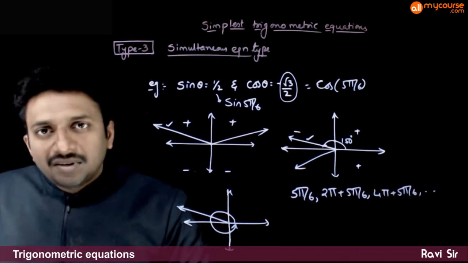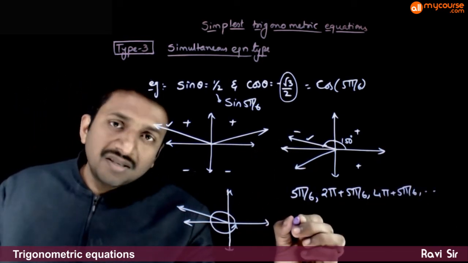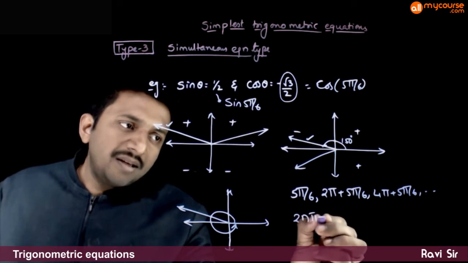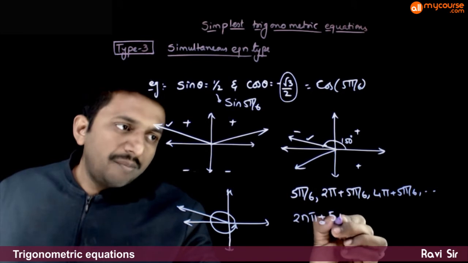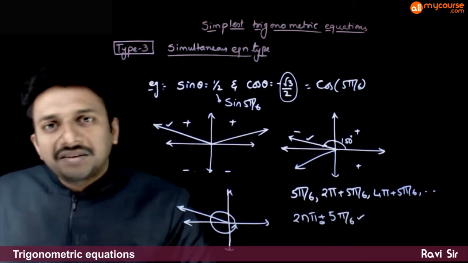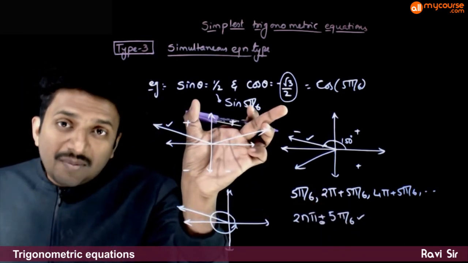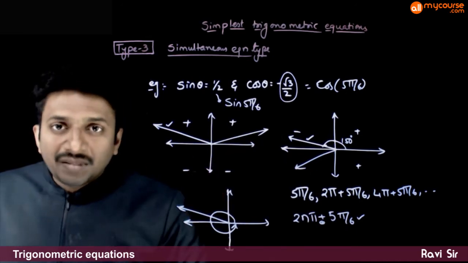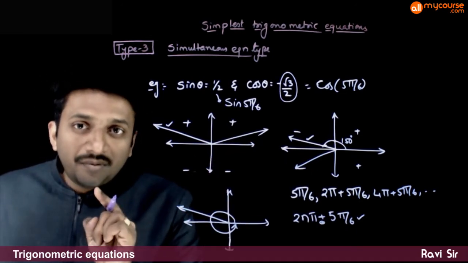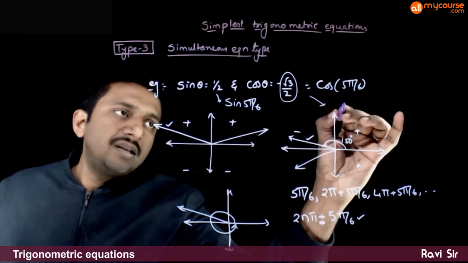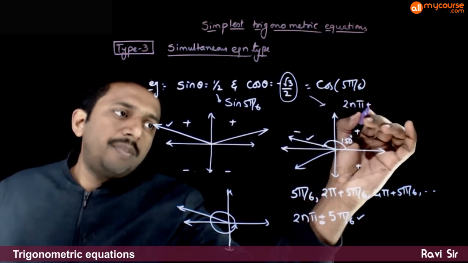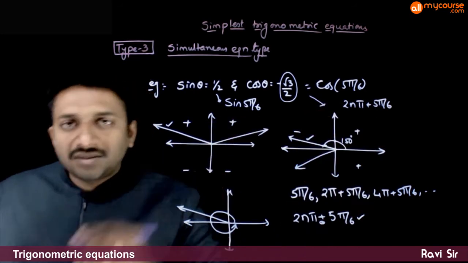So what is the general solution for this? 2n pi plus 5 pi by 6, you don't have a minus. So the solution for simultaneous equations looks like this. You have only one solution per revolution. So the answer for this is 2n pi plus 5 pi by 6.